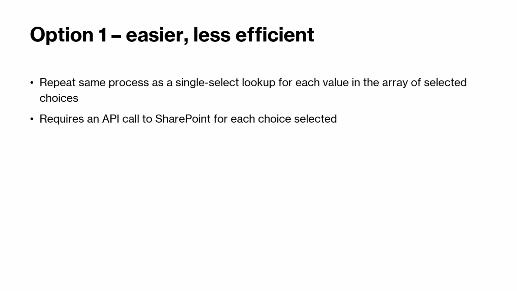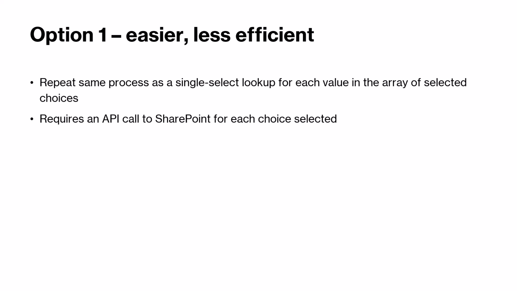So if they select 3 of the choices from that multi-select choice question in the form, it's going to repeat the process of doing a Get items in the SharePoint connector to retrieve the items that match that particular value, and then return the ID number and then add that ID number to an array variable. What that means is that for every choice that's selected, the flow has to call the SharePoint API.